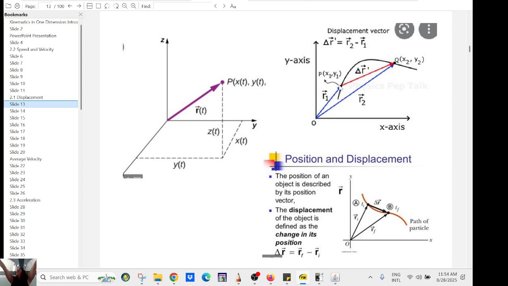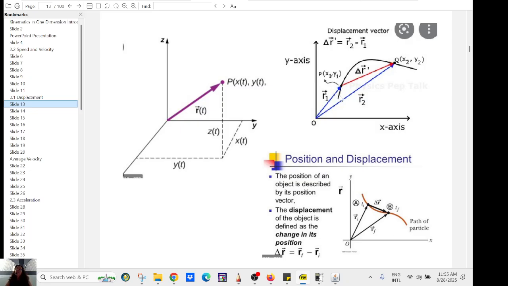Initial, final. Where is your starting point? There, very good. Where is the last point? Over there. So the displacement, you connect this one to that one. That will be your vector displacement in 3D. Okay? It's not too hard.